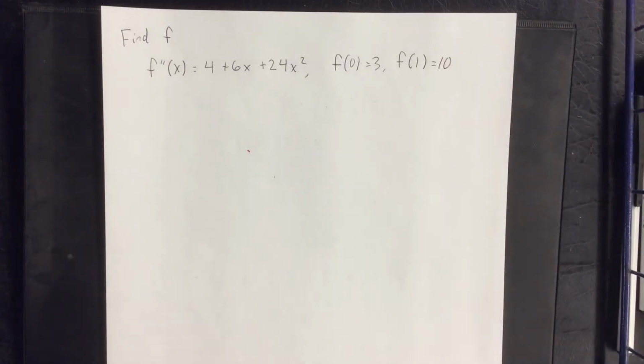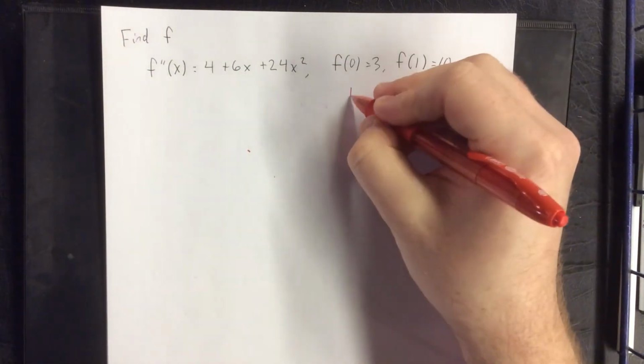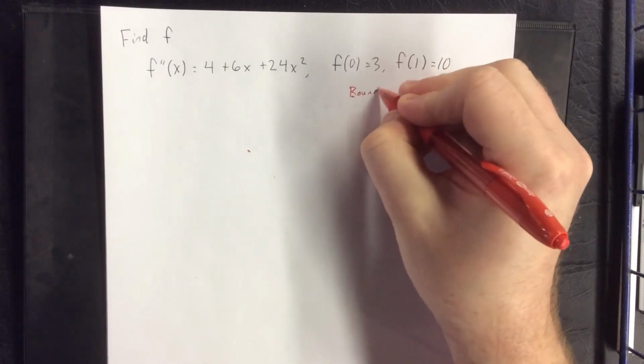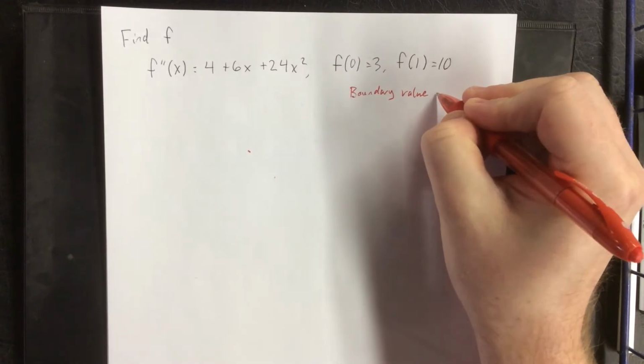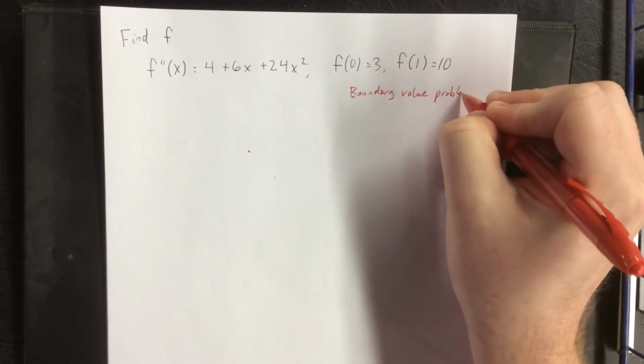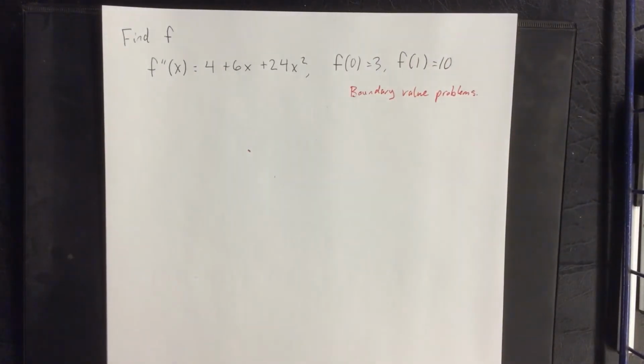Rather than an initial value problem, this is very frequently referred to as a boundary value problem, when two different initial conditions are given for the original function, not one for the first derivative.